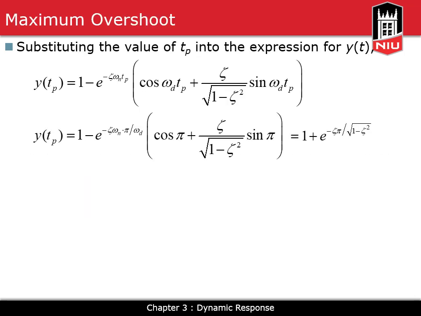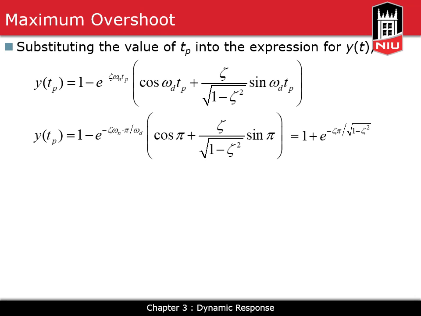To find the maximum overshoot value, we know the maximum happens at time Tp. So we can just use that Tp we found in the previous slide back into our y of t equation, and that will give us the maximum value. If we subtract 1 from the maximum value, because 1 is the final value, we will have the amount of overshoot.